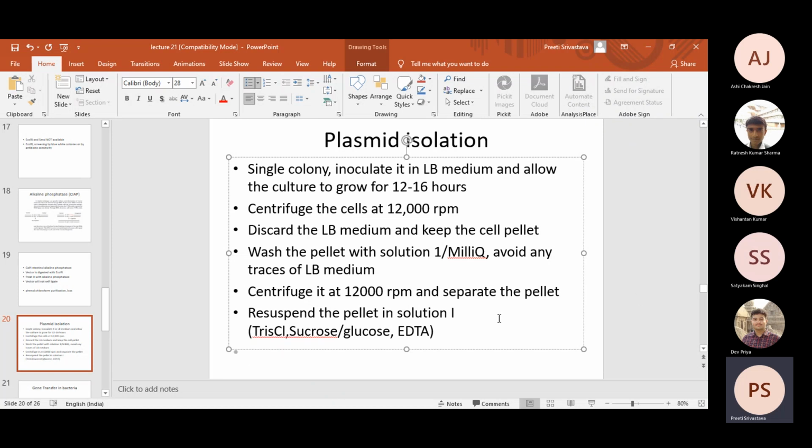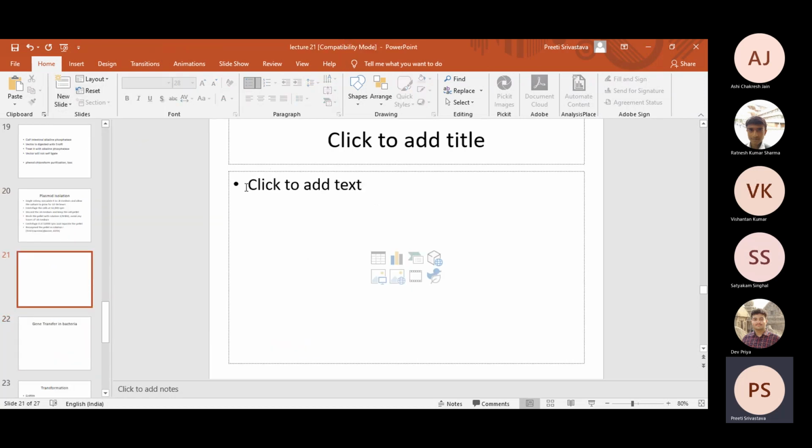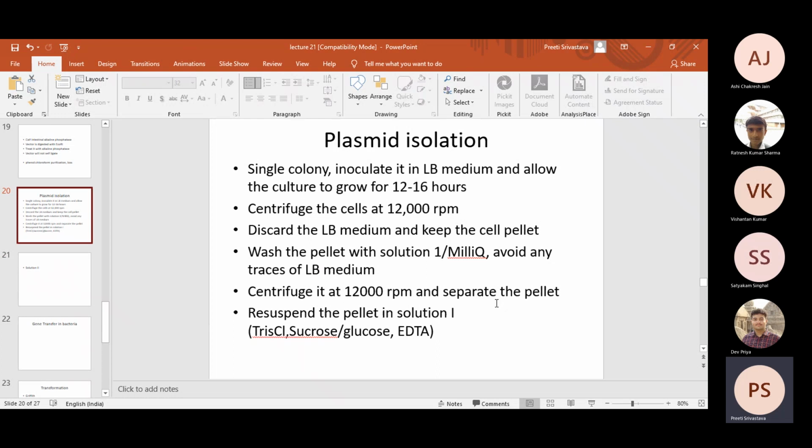I'm not giving you the exact volumes because what is important for now is to understand the concept. The amount of solution 1, solution 2 and solution 3 can vary a lot depending upon the amount of sample that you are using.